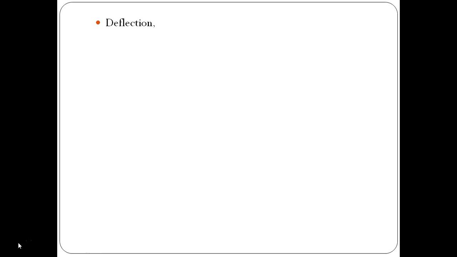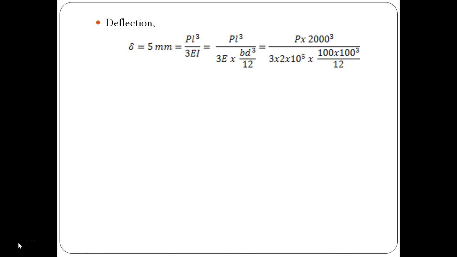So deflection, if you see the formula, that is delta, which is already given. Deflection of 5 mm is already given, and we know the formula delta equals PL cube by 3EI. So the basic formula is to be applied.